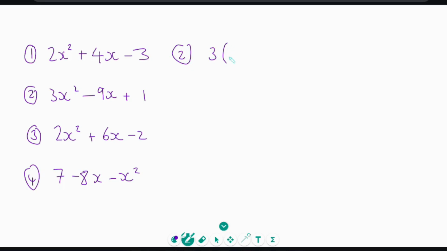I need to divide the first 2 terms by 3. If I expand these brackets, I'd have 3x squared minus 9x plus 1, which is again what I want. Half of 3 is 1.5. Minus 1.5 times minus 1.5 is positive 2.25, so I need to take that off.